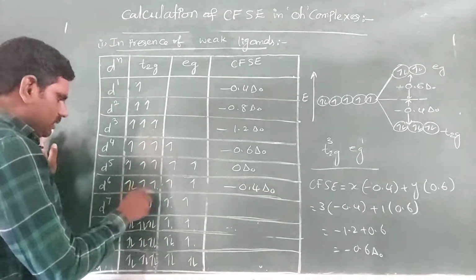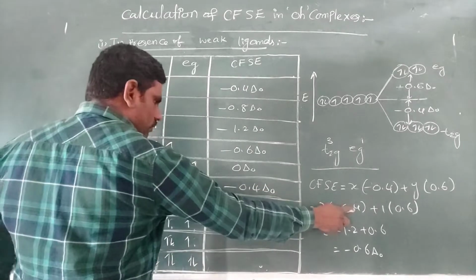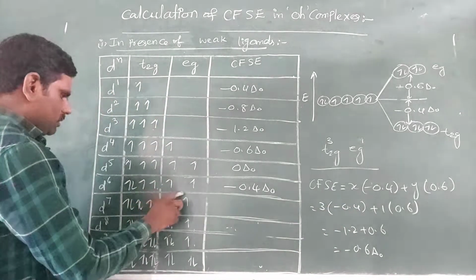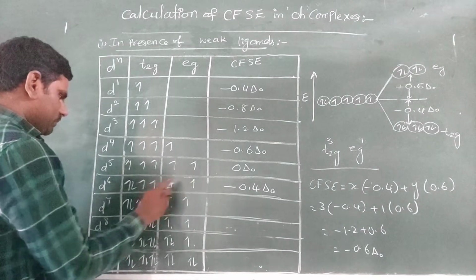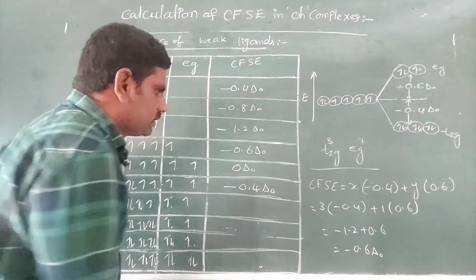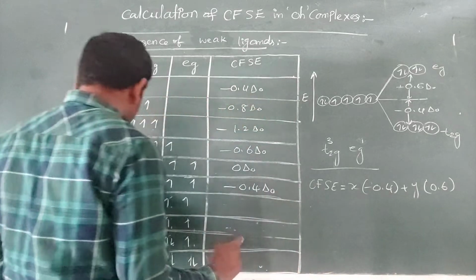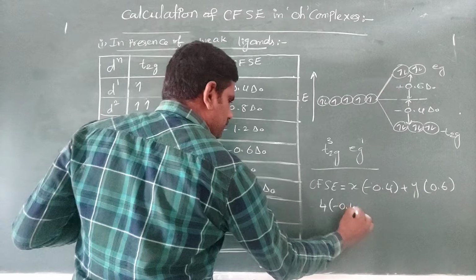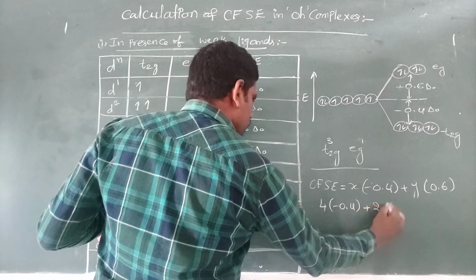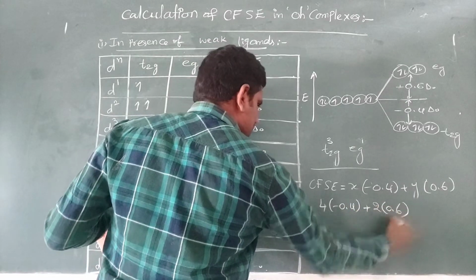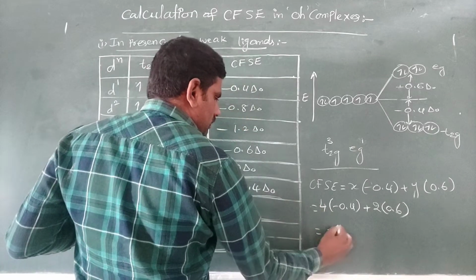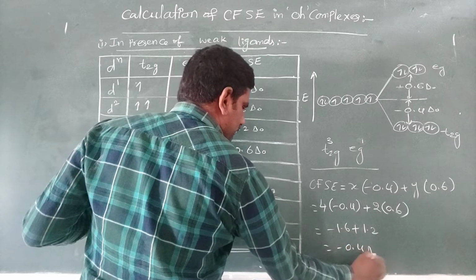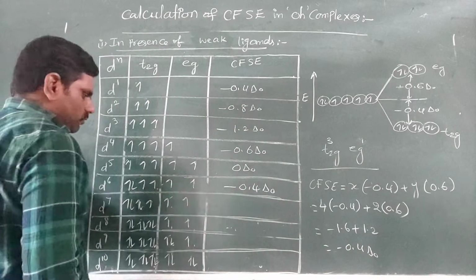See in this, 6 into 0.4, minus 2.4 plus, how much here? I will do. See, how many electrons? 4. Minus 0.4 plus 2 into 0.6 eg1, minus 1.6 plus 1.2, minus 0.4. So minus 0.4 came.